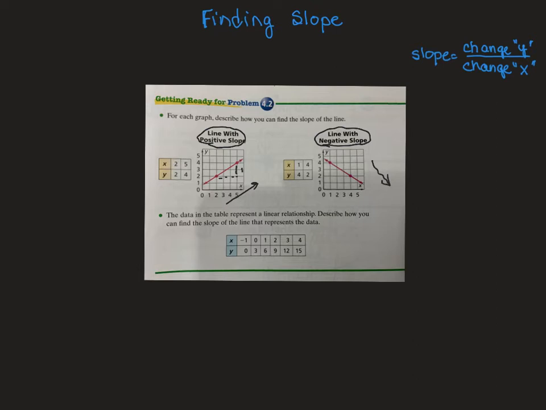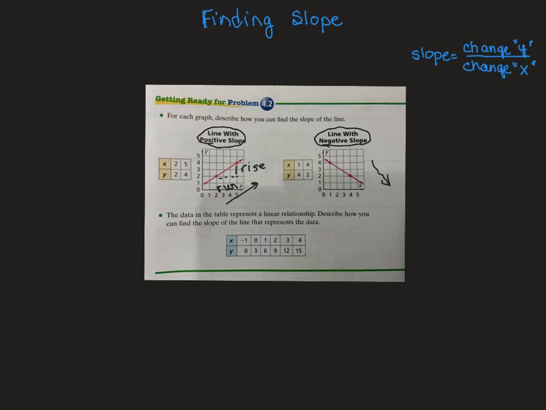They call this the rise. You'll hear people say that. I'm not going to use this language; I'm going to use change. The rise over the run: how high am I rising over how far did I run? So it's the rise over run.